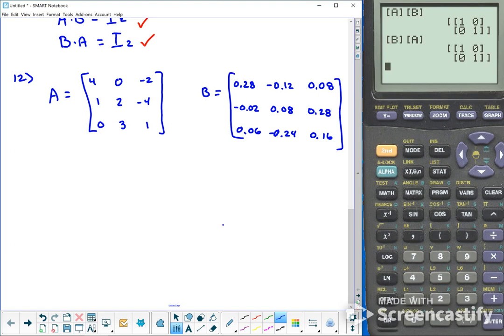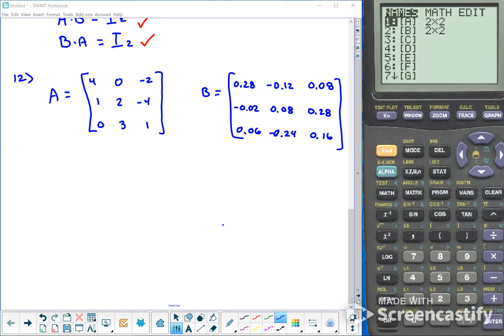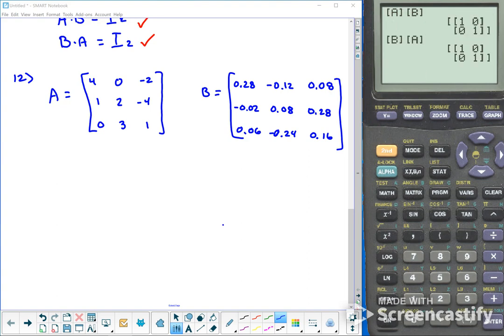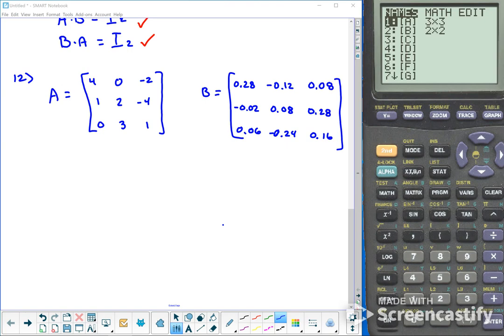All right, so we're going to go into it. And again, I'm going to go back into the matrix, but now these are bigger matrices. So instead of 2 by 2, these are 3 by 3. Okay, I'm going to type these entries in. 4, 0, negative 2, 1, 2, negative 4, 0, 3, 1. Okay, and it is that fast if you are in the know. Okay, matrix B, so it's a little slower.